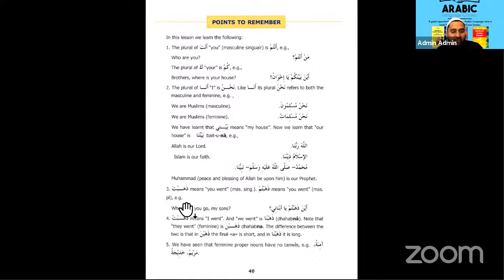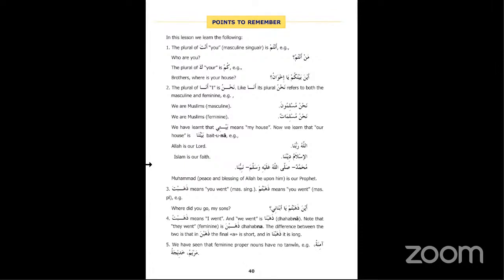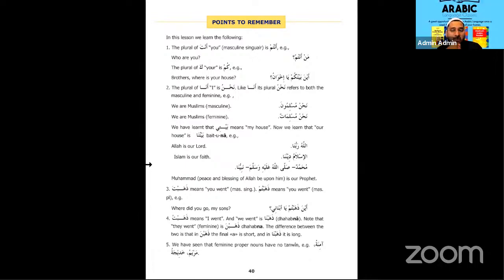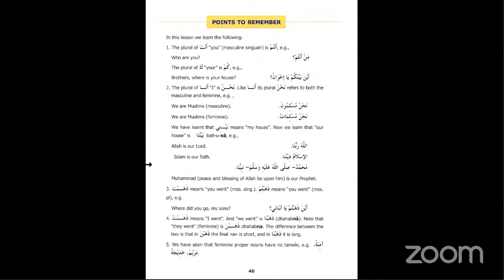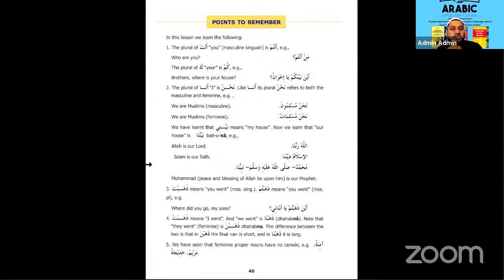That's brilliant. And the question is how do you say you all went, masculine? Dhahabtum. No, not Zarab. Dhahabu is they all went, but the question is you all masculine went.